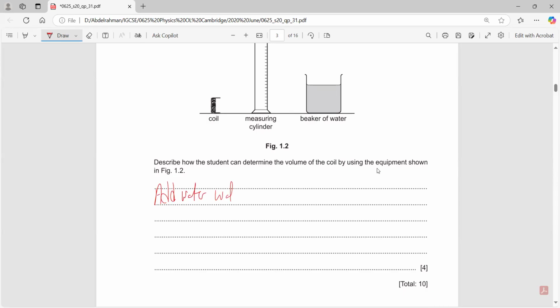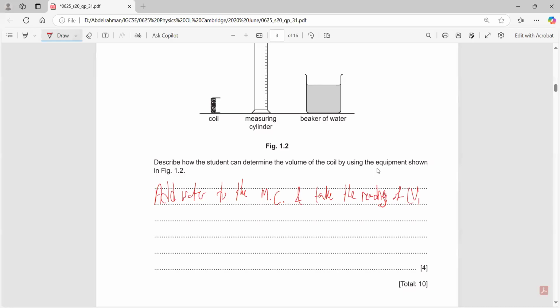I'm just going to write MC, which stands for measuring cylinder, and take the reading of volume one.